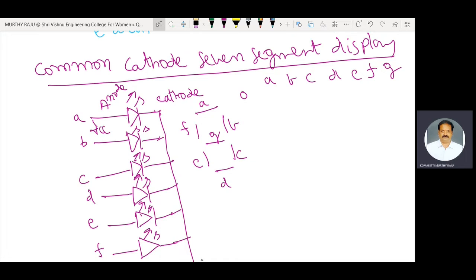The cathode is already connected to the common terminal. Therefore A is on, B is on, C is on, D is on, E is on, F is on for 0 indication.